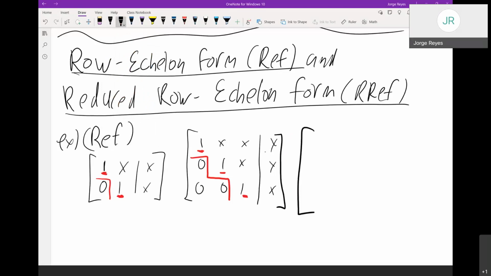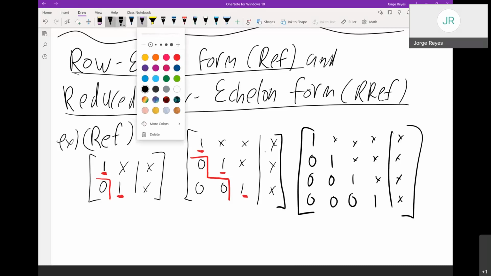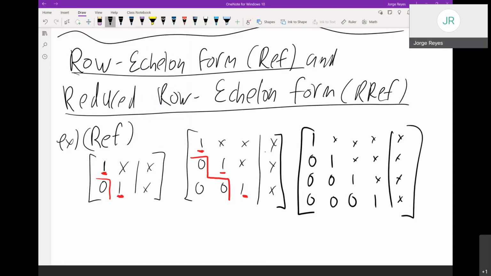And then one more. This is row echelon form for a 4x4 system. Again, these zeros are down here, ones across the diagonal, and we don't care about any of these.